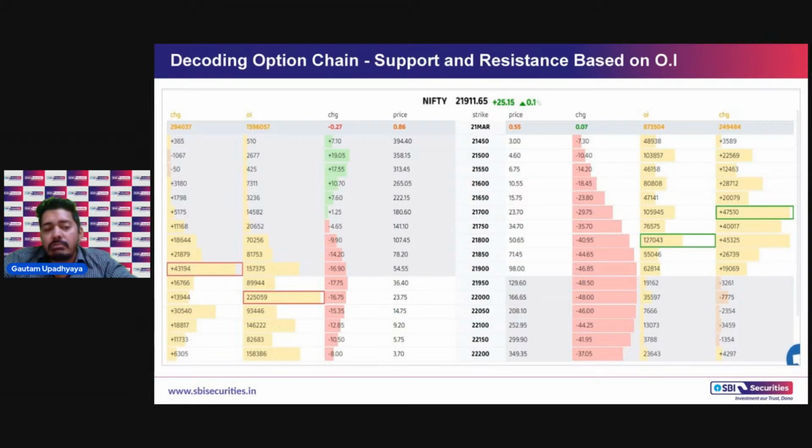It's a mixed bunch. So tomorrow's price action in the initial part of the day should decide whether we move on the upside or on the downside. And if there is no major event, we could consolidate as well between 21,700 on the downside and 22,000 on the upside. It's a broad range of 300 points. The narrower range is about 21,800 on the downside and 21,940 around on the upside.